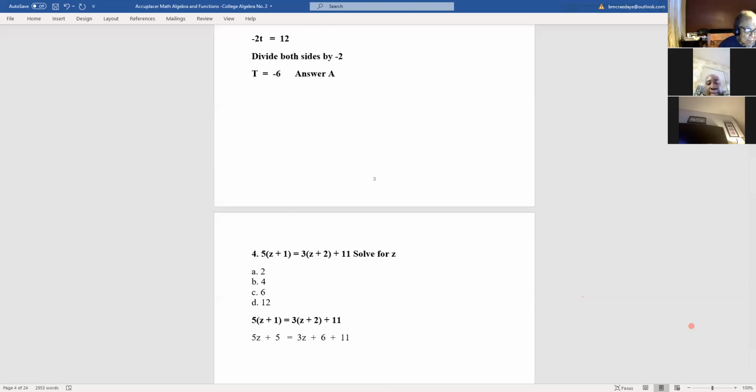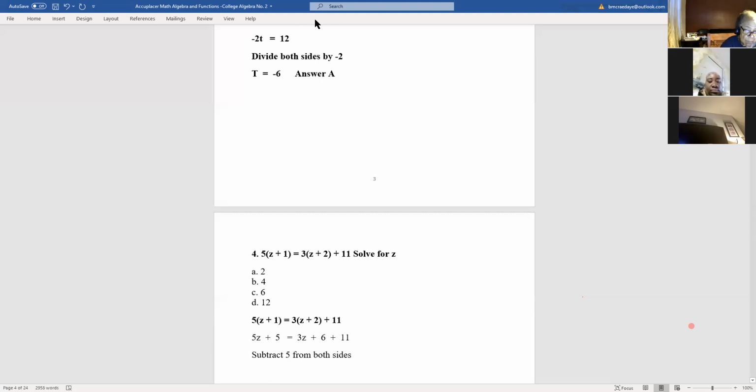You're going to combine the z's. Okay. So what would I do? Where are you getting 11? No, minus 5. Sorry. So you're going to subtract 5 from both sides.